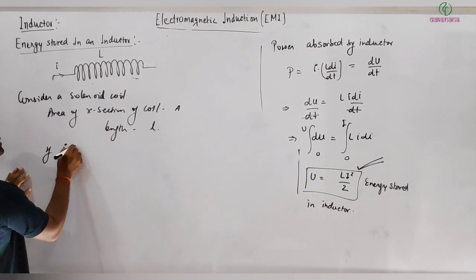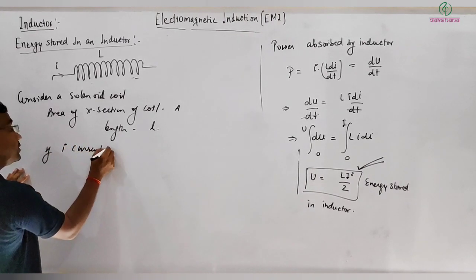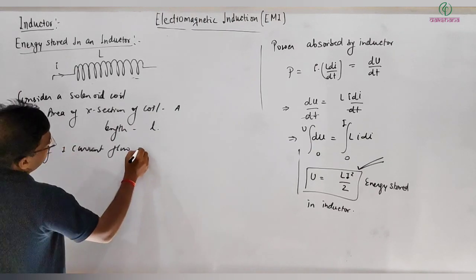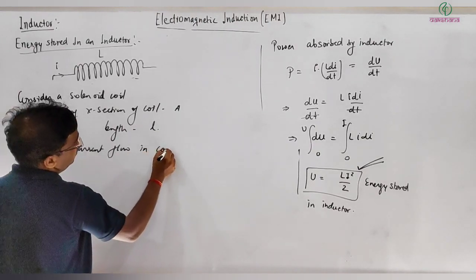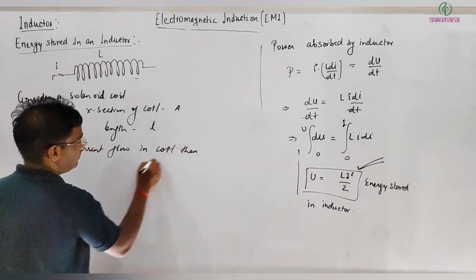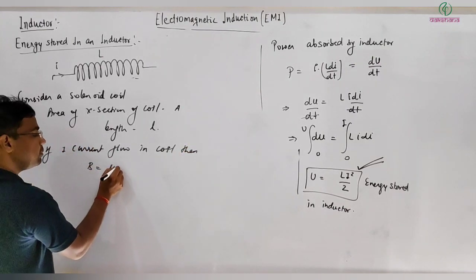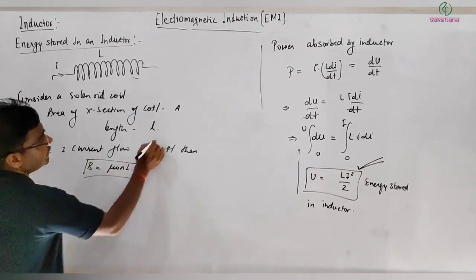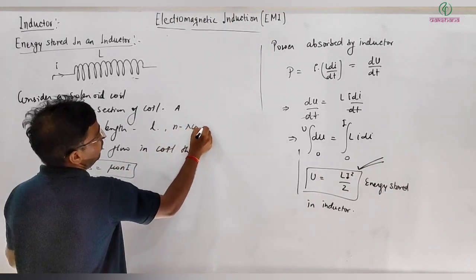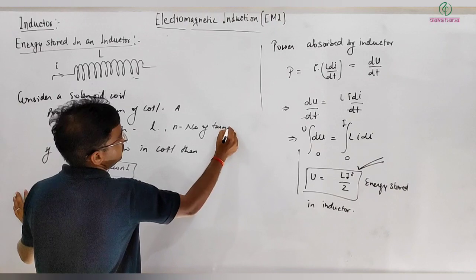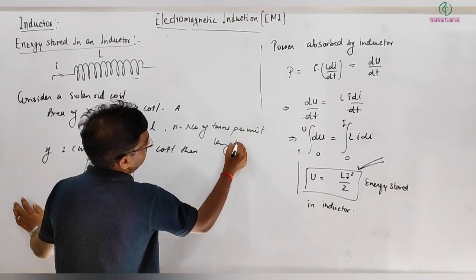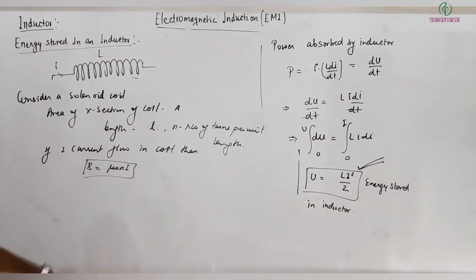If current I flows in the coil, then the magnetic field is given by mu naught N I, N being the number of turns per unit length. Clear? This is the situation.